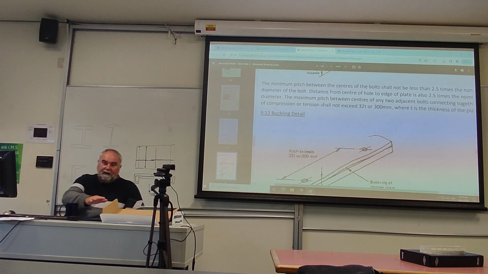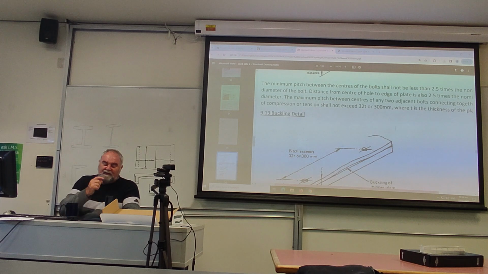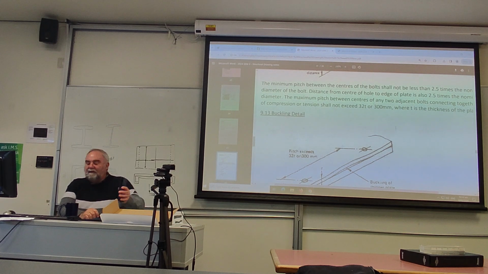The plate is a whole plate, the column is welded onto it. But you don't want the holes too close to the column. You can go inside the column, but it can't be too close to them because you've got to be able to tighten them up. Alright? So there, you've got to think logically your way through how the building's going to go together.